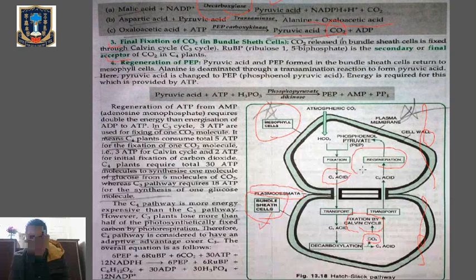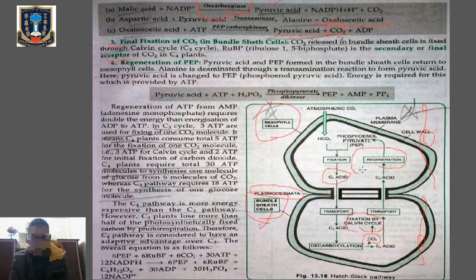However, C3 plants lose more than half of the photosynthetically fixed carbon by photorespiration. So therefore the C4 pathway is considered to have an adaptive advantage over the C3. If the question comes why the C4 pathway is more advantageous over the C3 pathway, then you have to say that though the C4 pathway is more energy expensive because it requires 30 ATP molecules compared to 18 ATP in the C3 pathway, the photosynthetically fixed carbon, or the product which is being fixed by the C3 pathway, will be lost during the process of photorespiration.